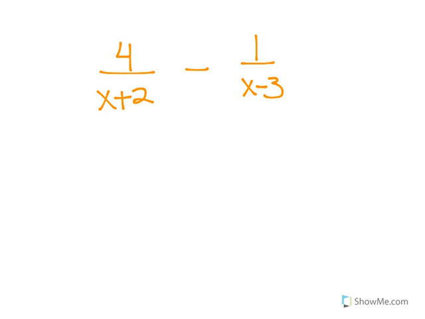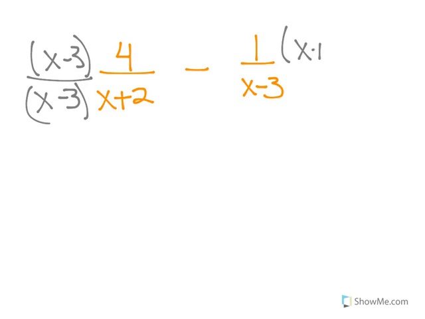So we need to multiply 4 over x plus 2 by x minus 3 over x minus 3. And we'll need to multiply 1 over x minus 3 by x plus 2 over x plus 2. And so we need to remember how to work FOIL.